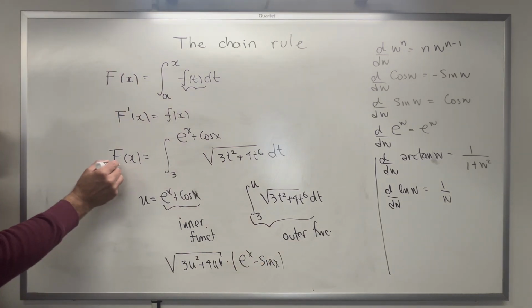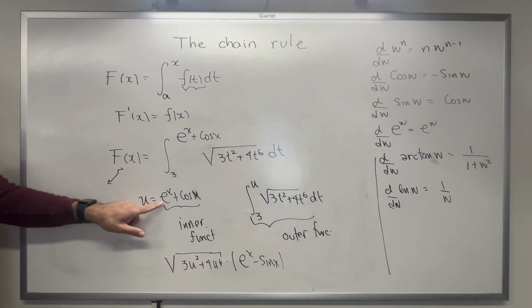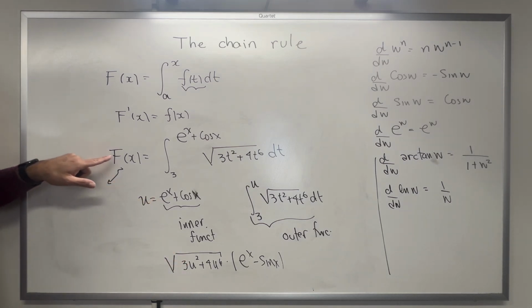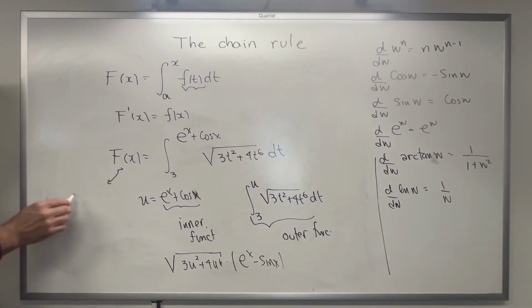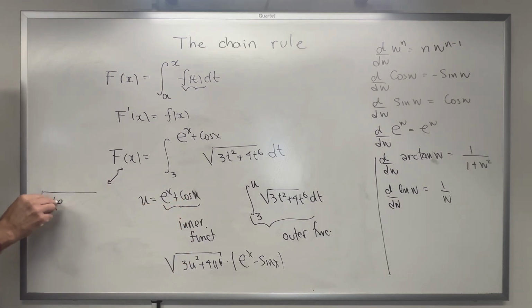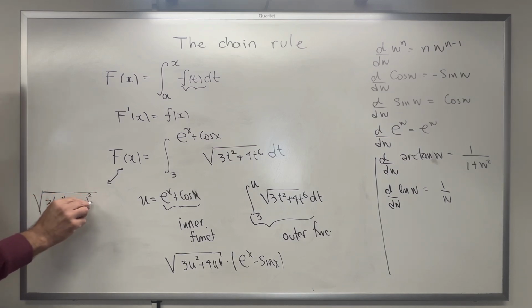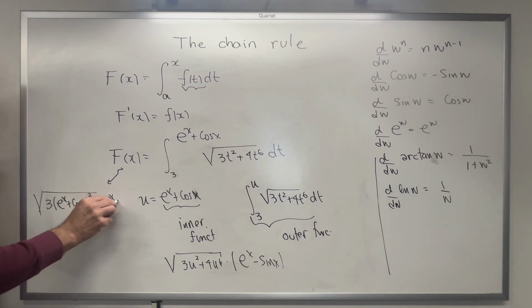Then the derivative of this function would be, remember we need to change the u in terms of x. We have to write the answer in terms of the original variable. Then in this case, the derivative of this function would be the square root of 3 times u, but u is e to the x plus cosine of x, squared plus 4 times e to the x plus cosine of x to the 6.